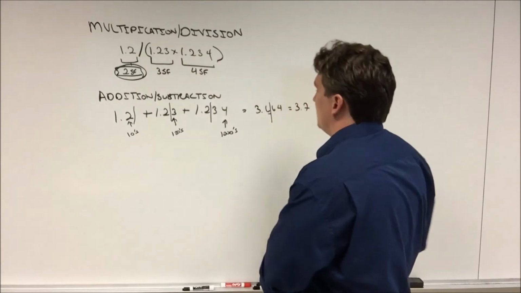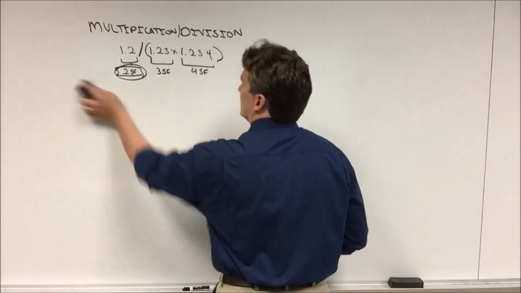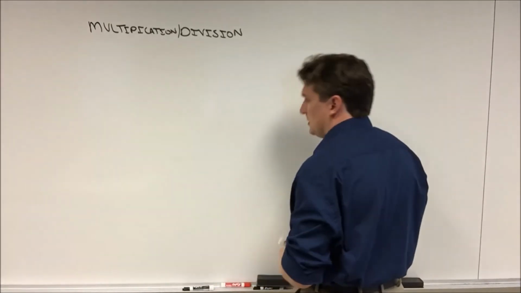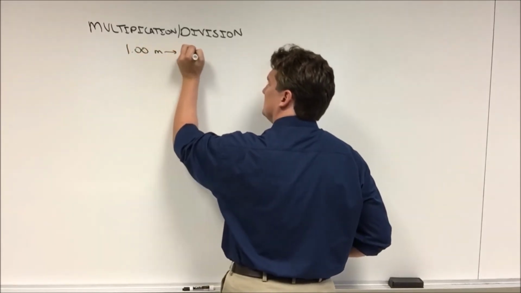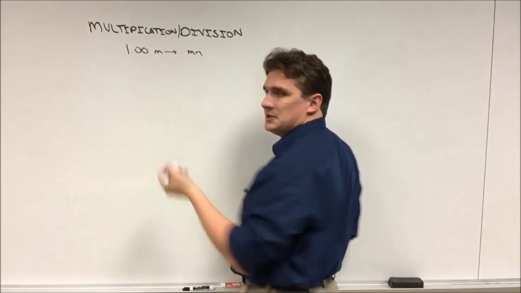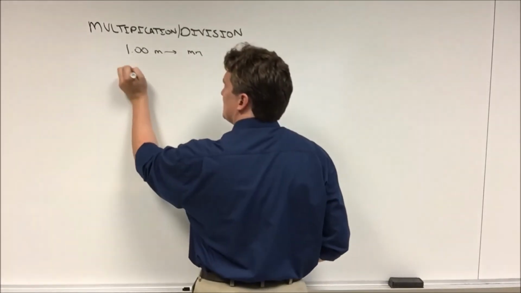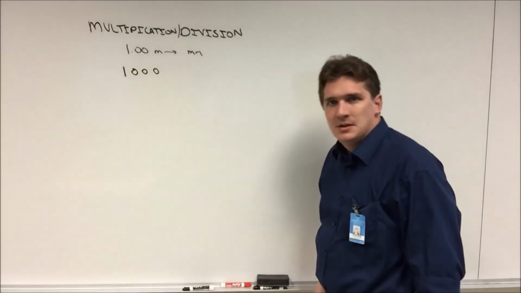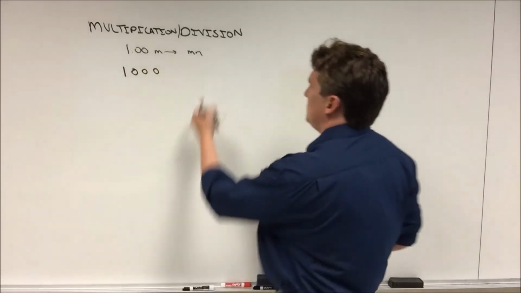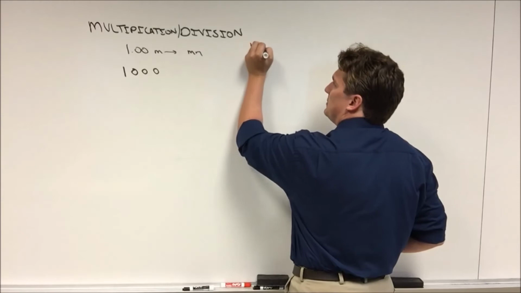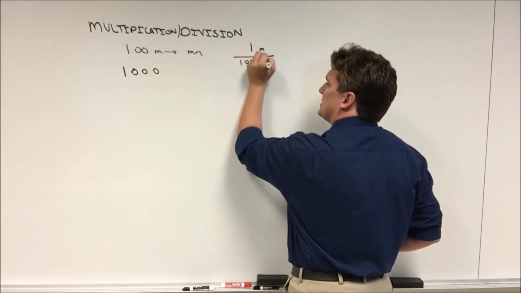So let's say we were converting, for the multiplication and division case, 1.00 meters to millimeters. Well, we just multiply by 1,000, so this will give us 1,000. But the problem is that this has 1 sig fig and this has 3. Now, the conversion between millimeters and meters is that for every meter, there's 1,000 millimeters.